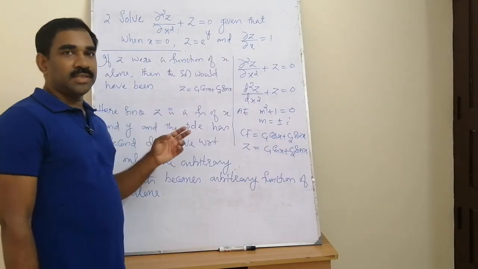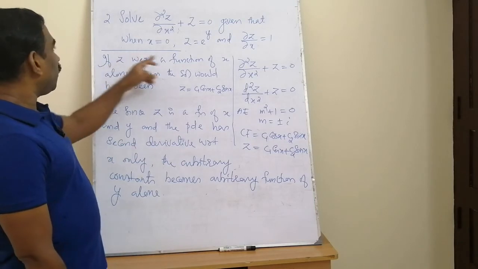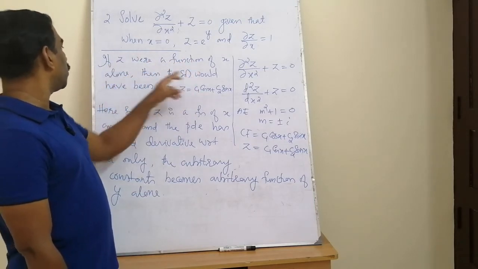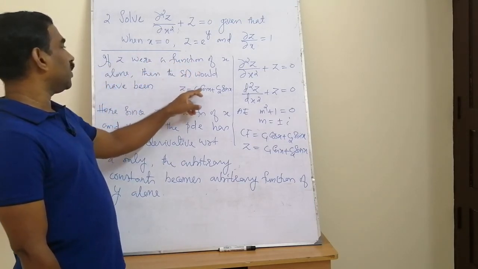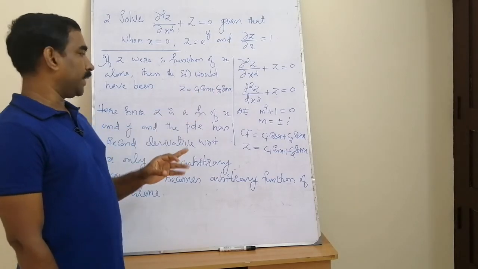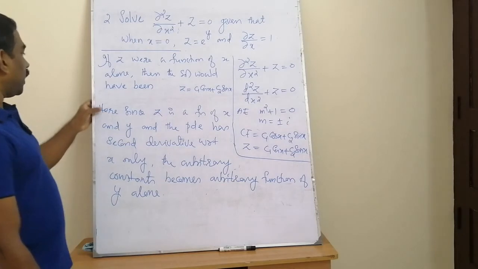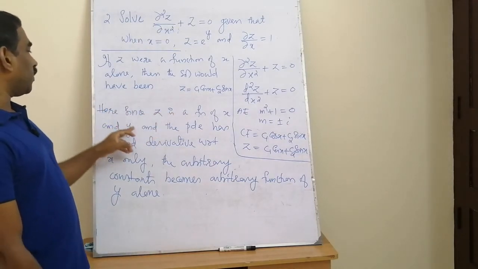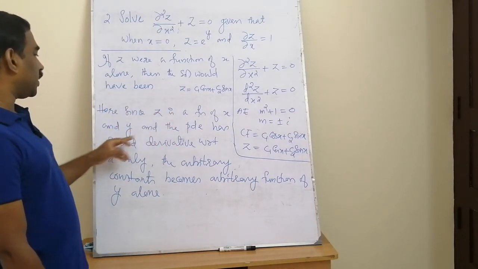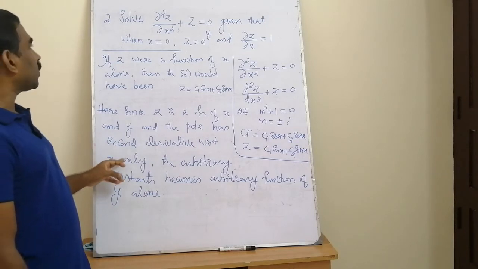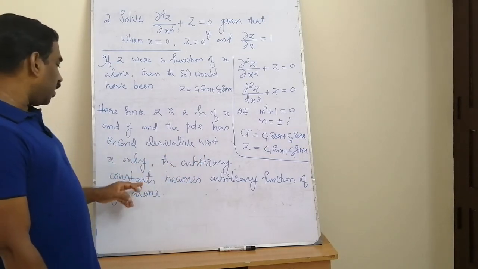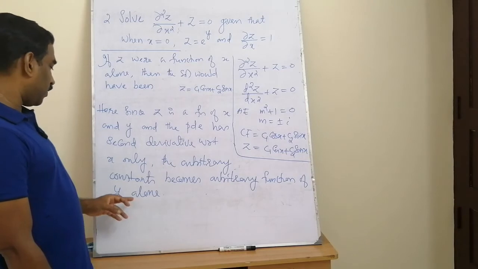Now come to the answering part. If z were a function of x alone, then the solution would have been z is equal to c1 cos x plus c2 sin x, as we have computed in this case. But here, since z is a function of x and y, and the partial differential equation has a second derivative with respect to x only, the arbitrary constants become arbitrary functions of y alone.